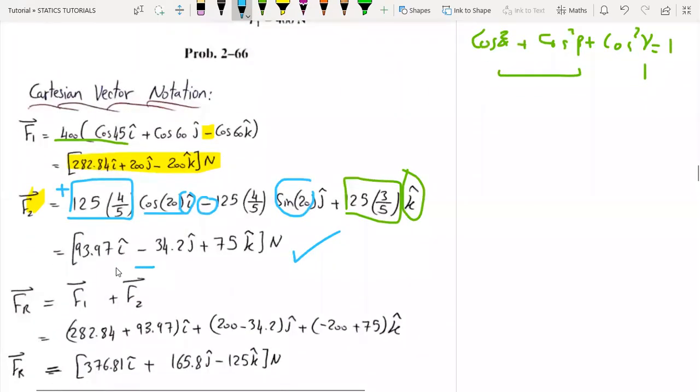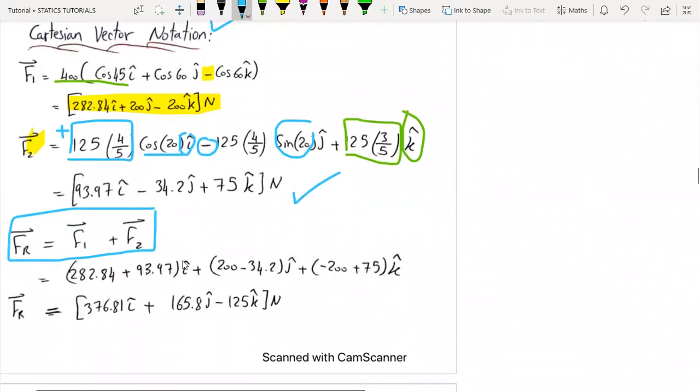And then simply we are going to add F1 and F2 because here we are dealing with Cartesian vector notation, so it is an algebraic sum. We add the components: 282 plus 93, 200 minus 34.2, minus 200 plus 75.